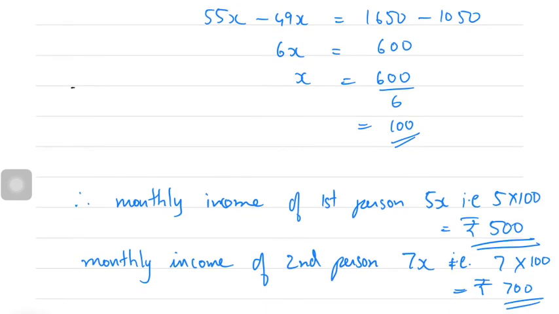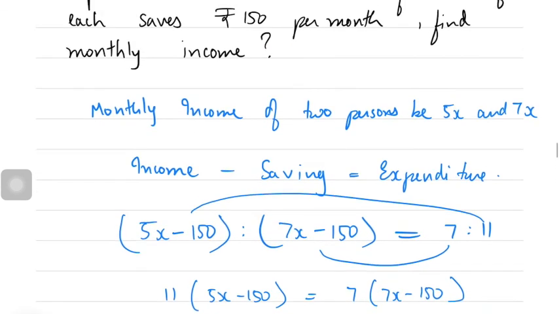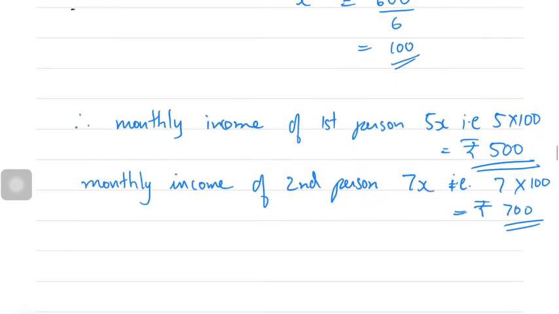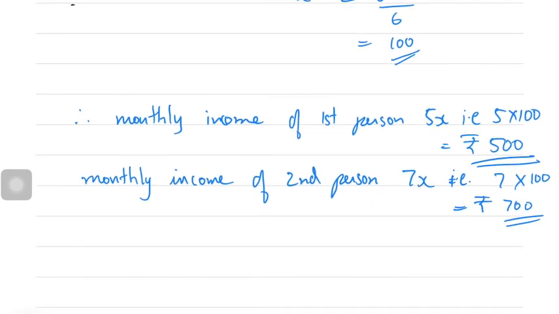Okay. So if you see, the incomes are in the ratio of 5:7, right? And savings, you subtract saving from this. So 500 minus 150 would be 350, and 700 minus 150 would be 550.